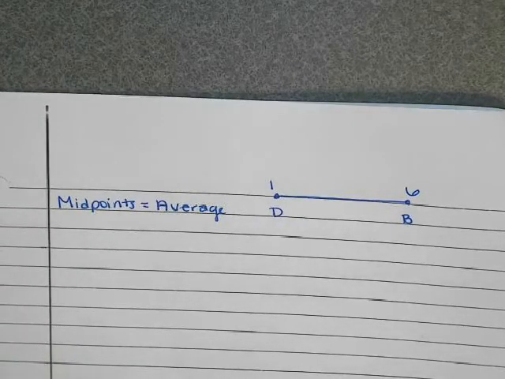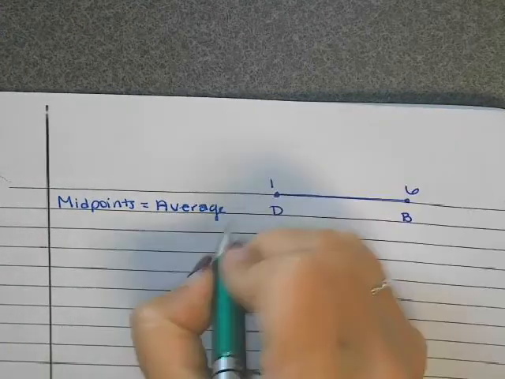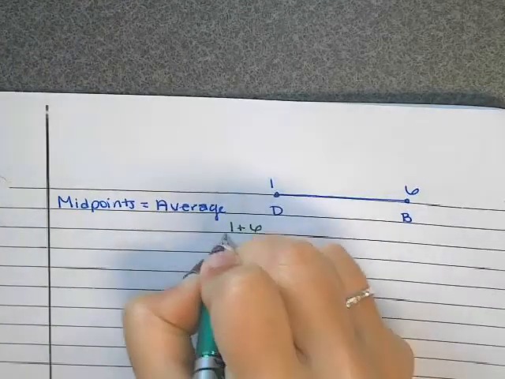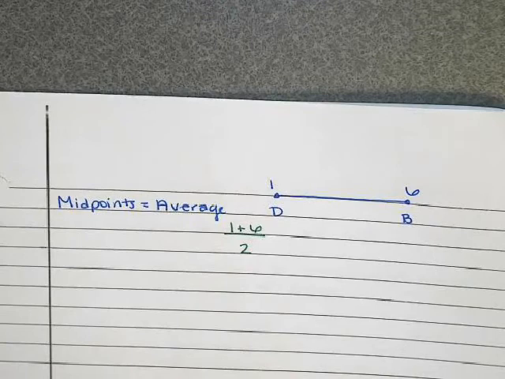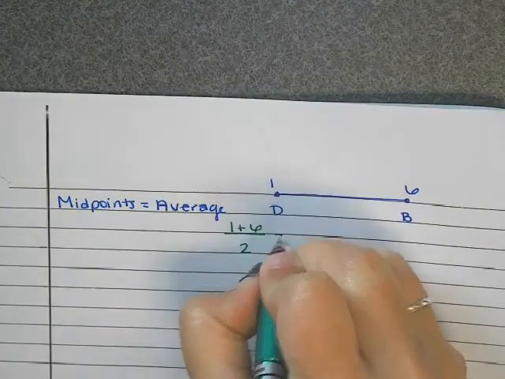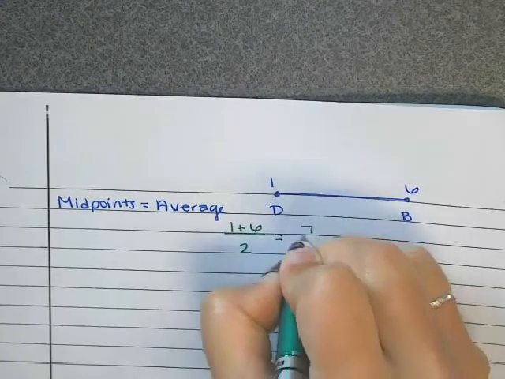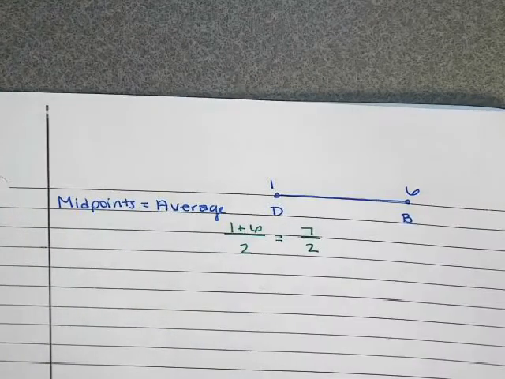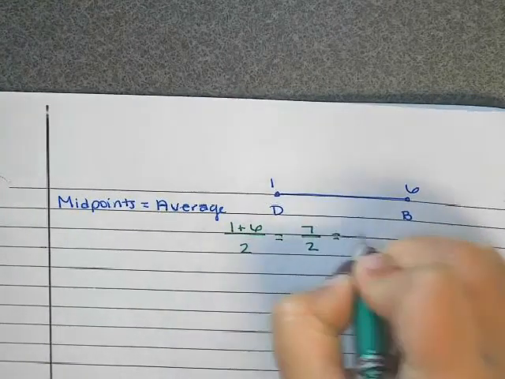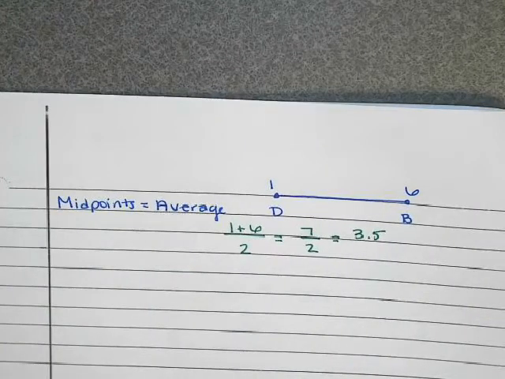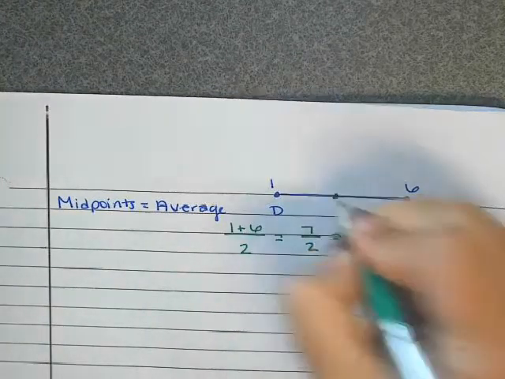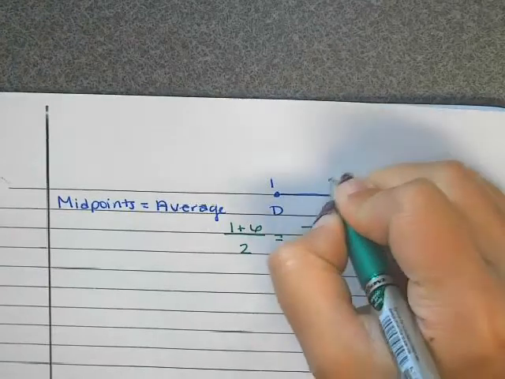So I would add them all up and divide by 7, right? Well, at this point, I only have 2 points, so I'm going to add them together, and I will divide by 2 since I only added up 2 numbers. So 1 plus 6 is 7 over 2. If I put that in a calculator, I get 3.5. So that means the midpoint is at 3.5.